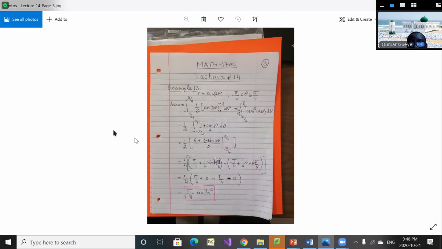Sir, the integration of cosine 4 theta is going to be 1 divided by 4 sine theta, right? Yeah, sine 4 theta.